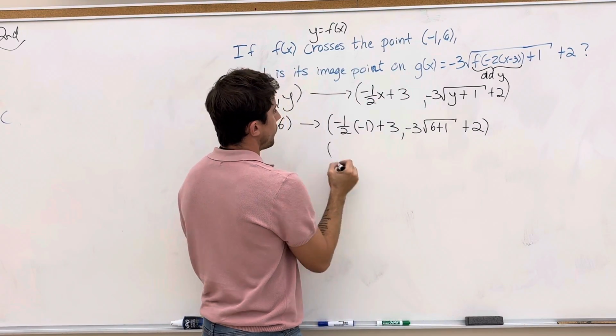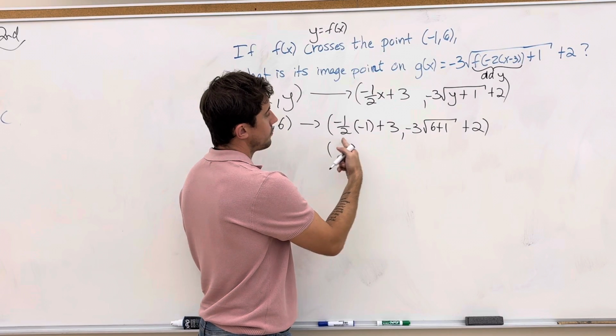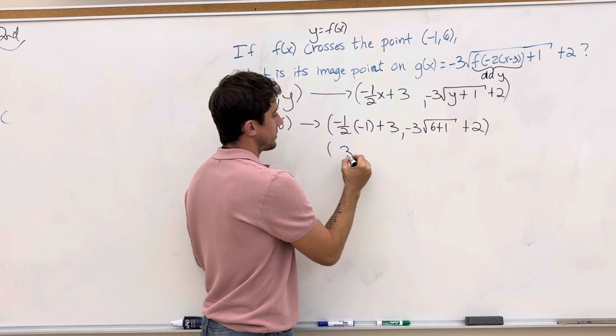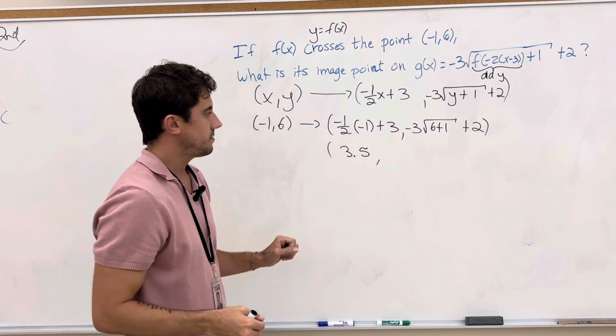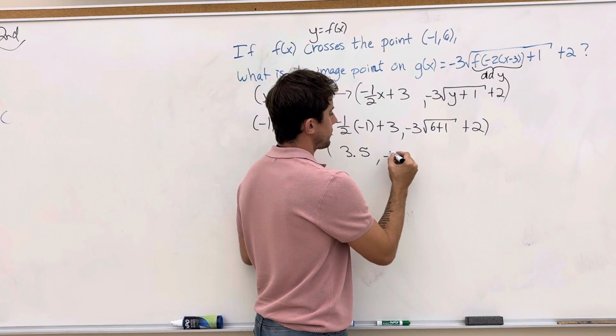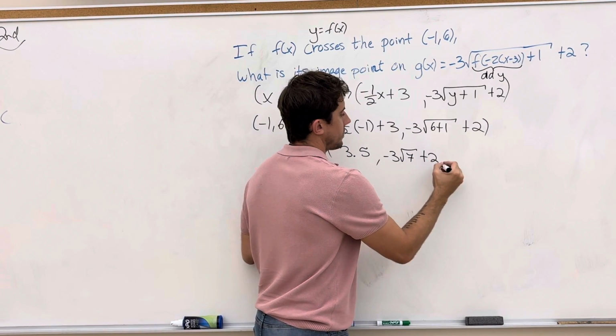That is the point: -1/2 times -1 is positive 1/2, 1/2 plus 3 is 3.5.